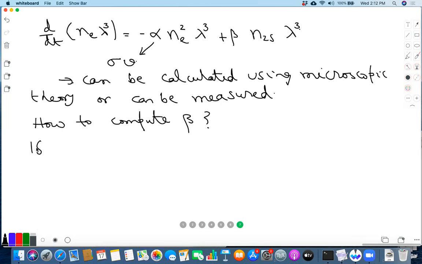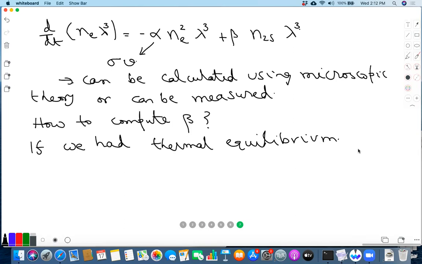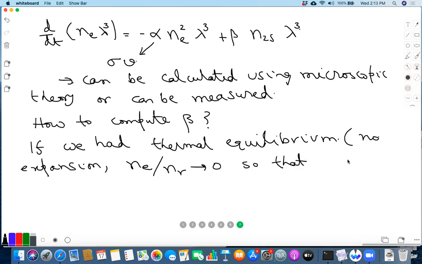That if we really had thermal equilibrium, okay. So which means what? Which means two things: no expansion, and n_e over n_gamma small, n_e over n_gamma going to 0, so that the system doesn't affect the bath.